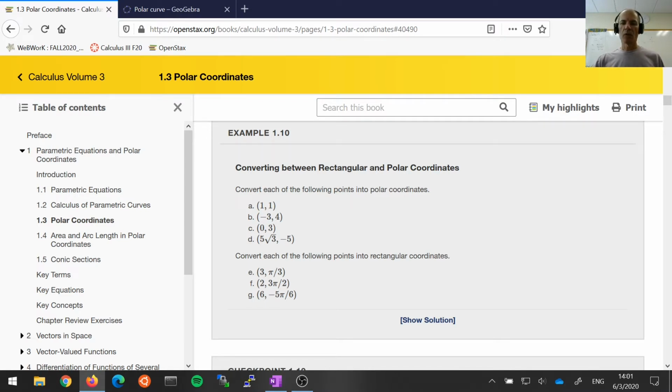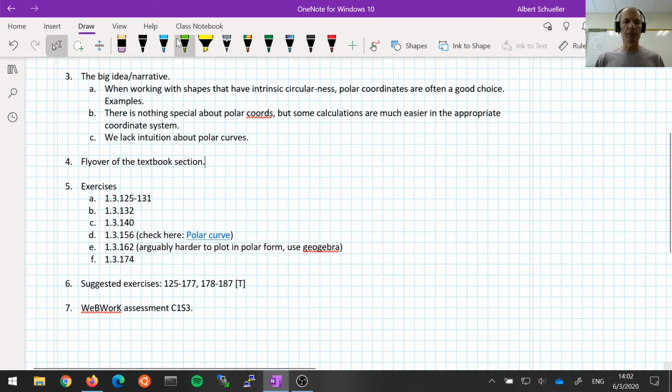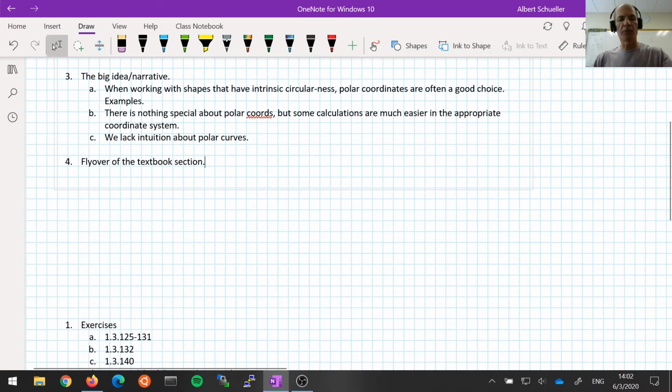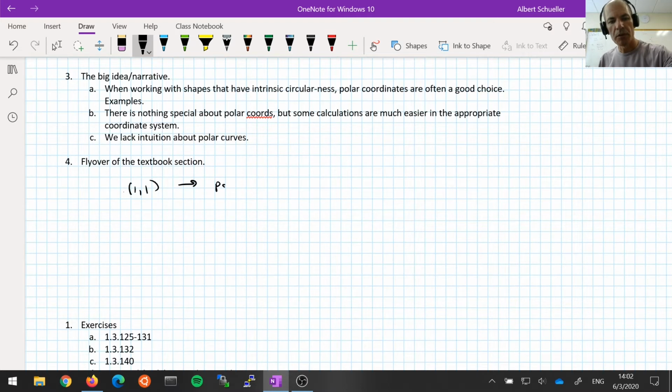For example, 1, 1 here. Let me jump over to my notes briefly. I would prefer that you use your intuition whenever possible. And so if we want to convert 1, 1 to polar, I almost always just start visualizing the location of the point 1, 1.